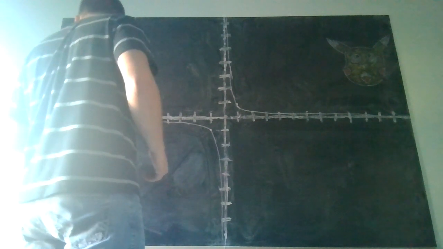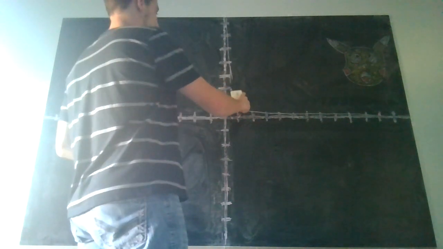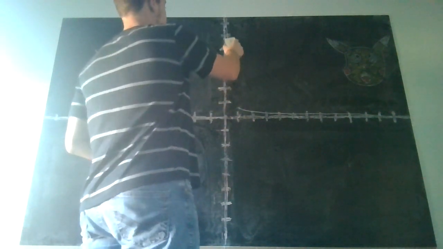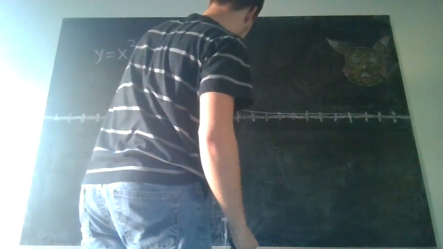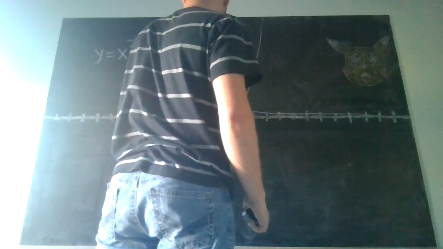I'm going to have to erase some of these lines from the 1 over x portion, and instead provide the happy little parabola that we all know and love right here.